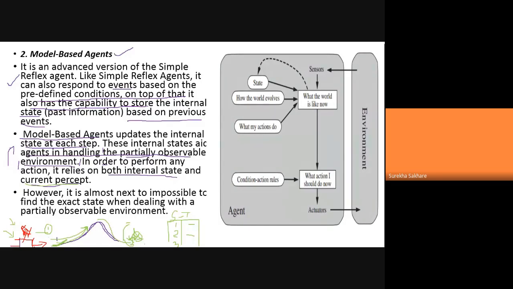It will perceive that the current situation is that there is an obstruction. So it is already told to the model. The model is already implanted into this rover, saying that if there is an obstruction, you can check for an alternative path. So that it will do, and this information also it will keep. Now when the rover is moving, it has found some state diagrams or state tables.